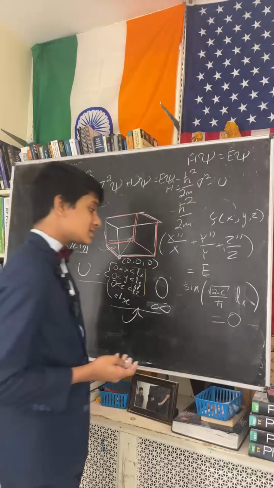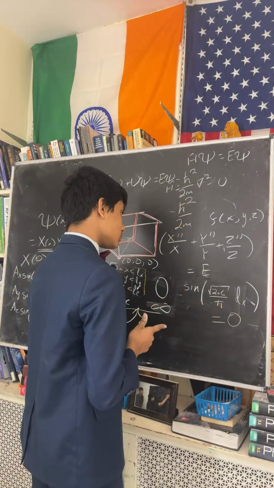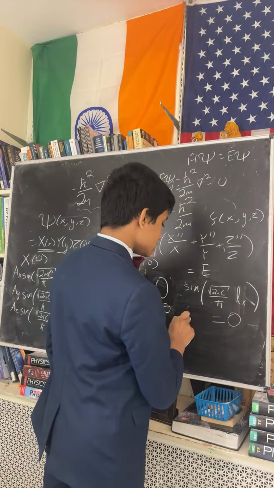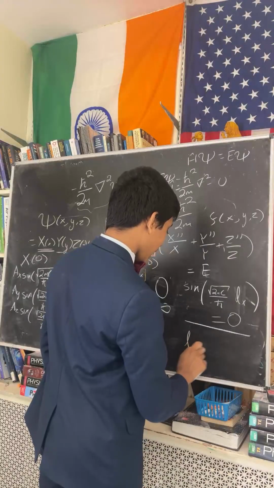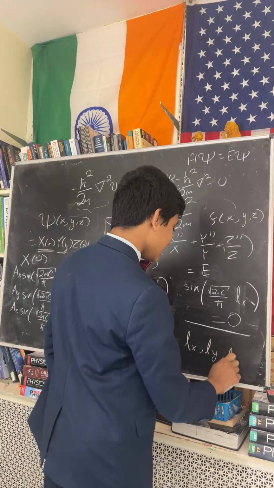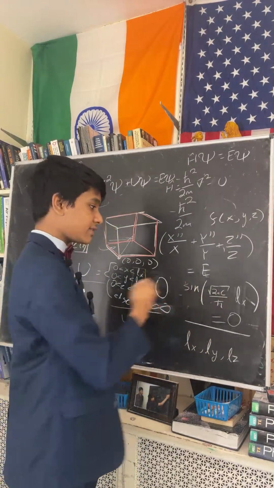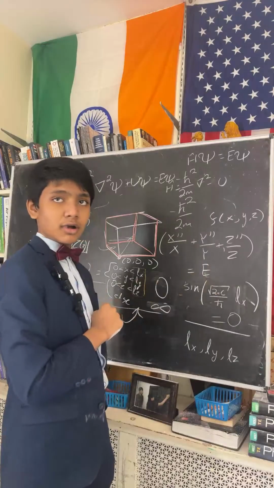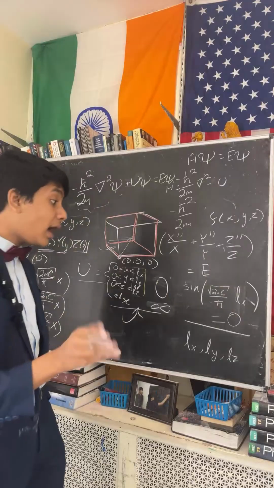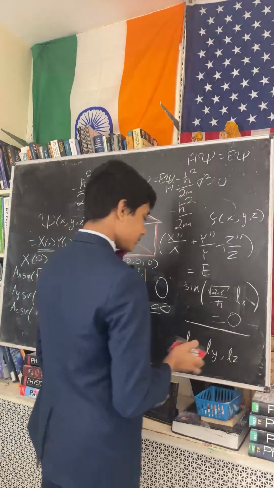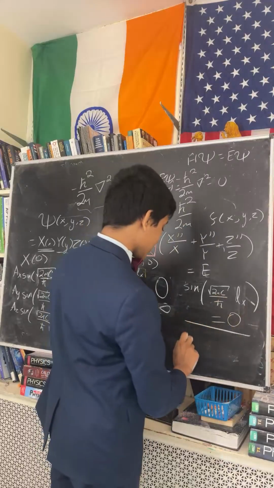So what does this tell us? Well, it's essentially telling us that Lx, Ly, and Lz have to take on a range of values. When is sine equal to 0? Either it's 0, which this obviously can't be, because then Lx would be equal to 0, and that doesn't make sense because that would make this inequality impossible, or pi. So if whatever's inside these parentheses is pi, then everything makes sense.